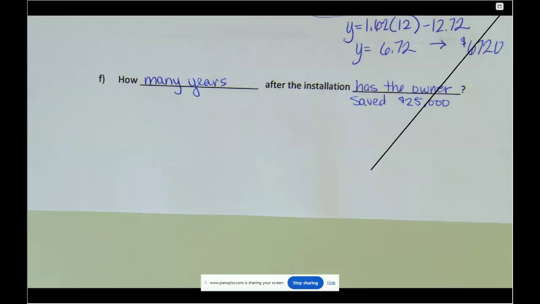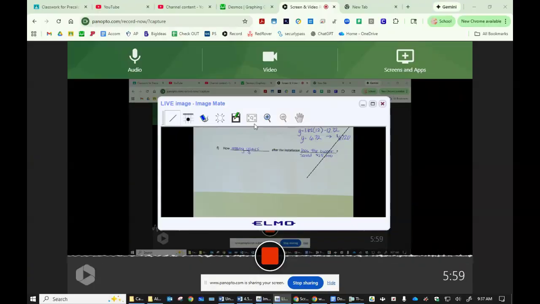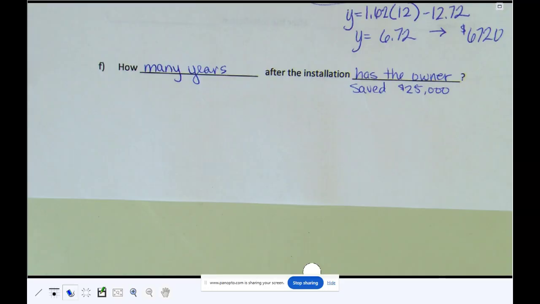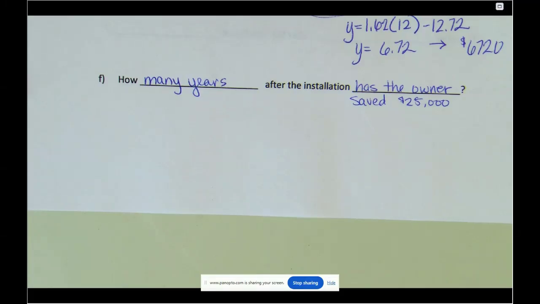So, you guys, I'm not going to ask the questions next time. You're going to just determine it. But did I give you X or did I give you Y? I gave you Y. What number are you putting in for Y? 25 is correct. 25, because we are measuring in thousands.